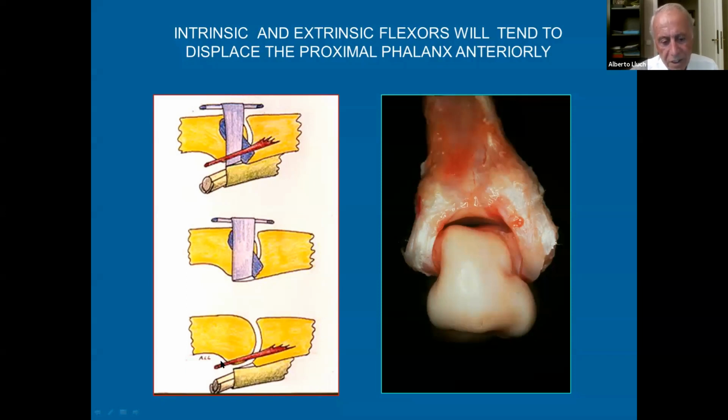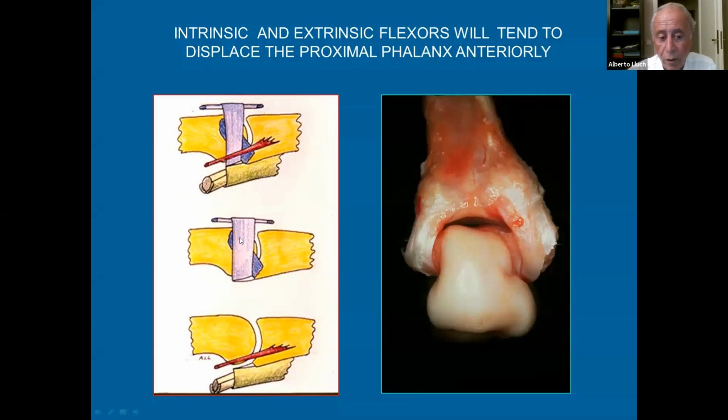We have the intrinsics and the extrinsics, sublimis and profundus. Profundus this one, sublimis here divides in two, and then becomes anterior, and then dorsal, posterior. But what is holding the proximal phalanx in place? Because most of the forces tend to flex, displacing the proximal phalanx anteriorly.